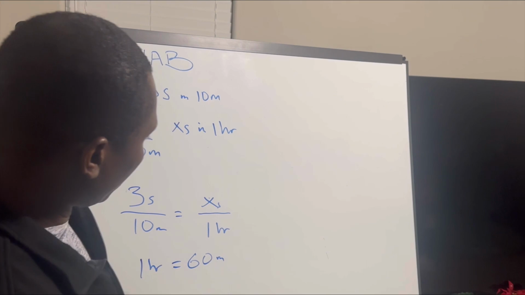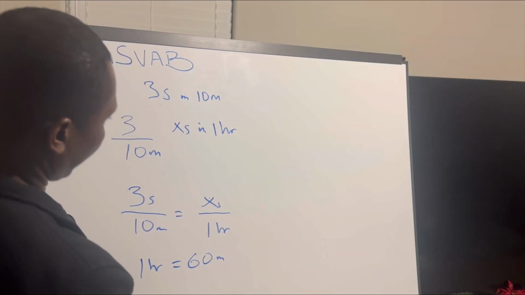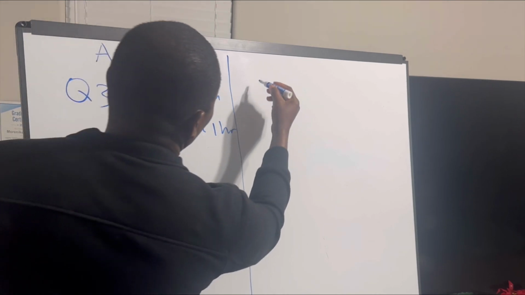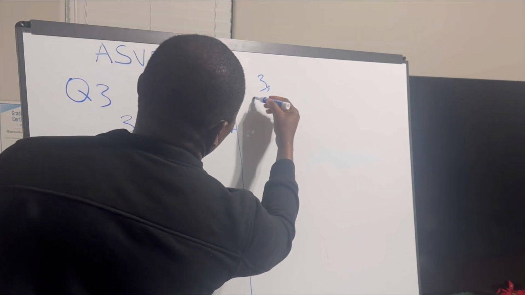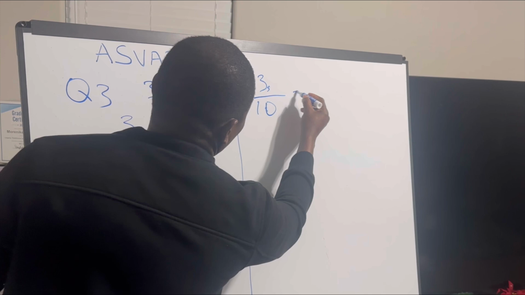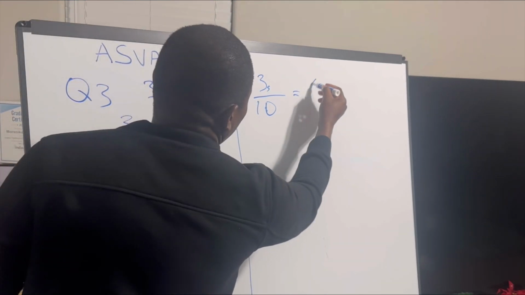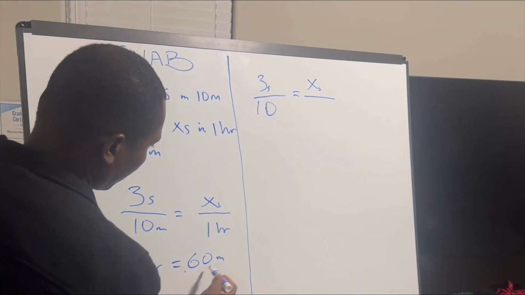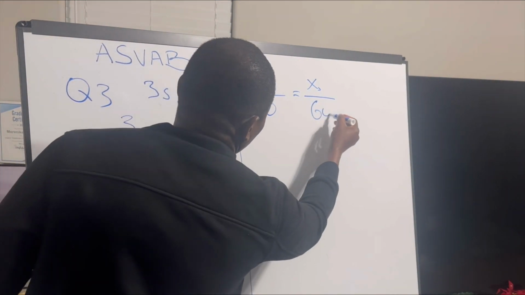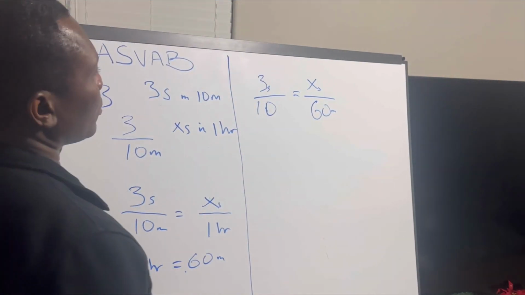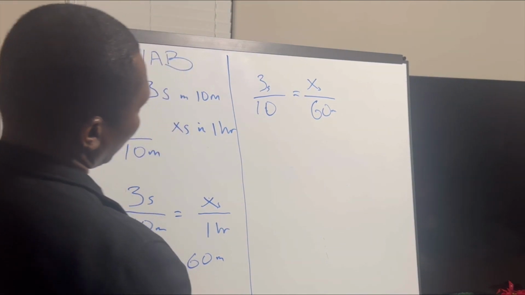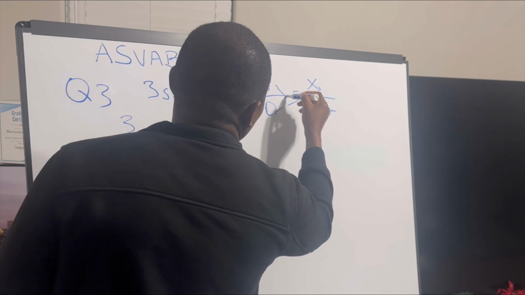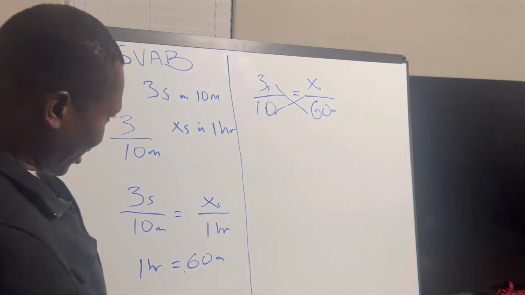So this equation will now be replaced by 3 over 10 minutes equals X over, what's now our new number? 60 minutes. So now, in order to get our X, we cross multiply.